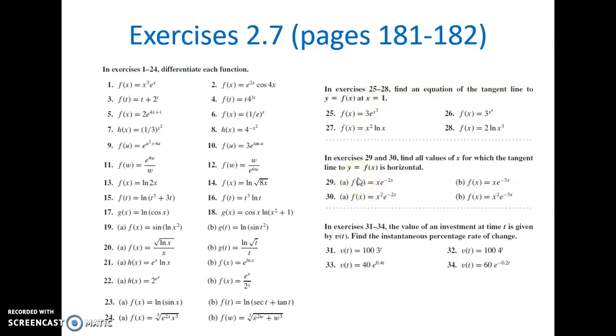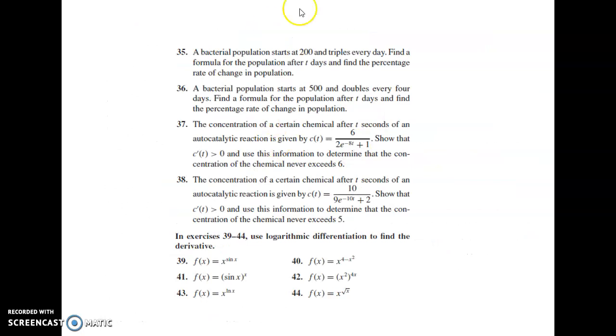And here we have again an example we have already done, where in all these four cases we need to find v'(t). These are the examples I already did. So the same it is.